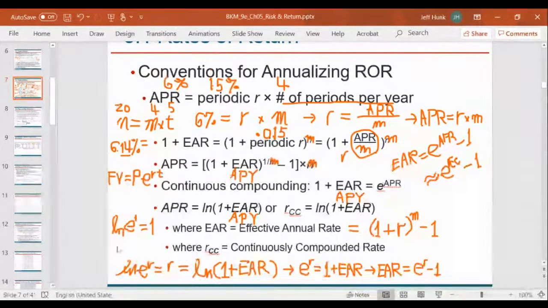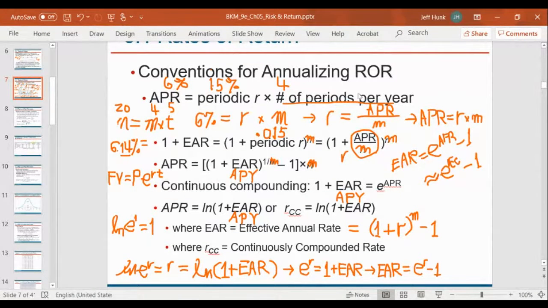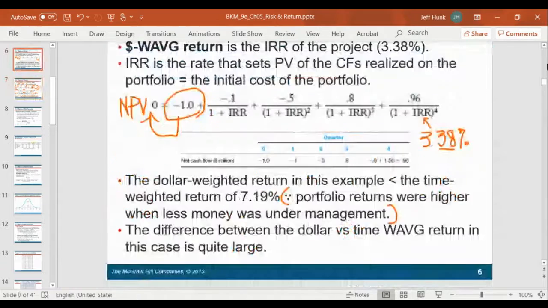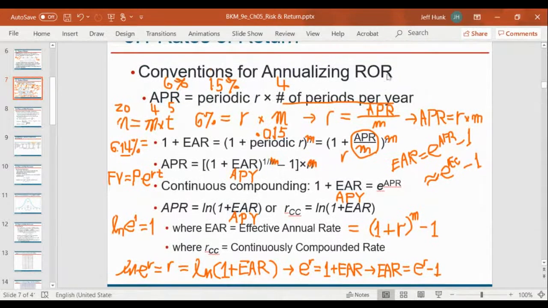I don't want to go back to the properties of log, but we know that log of a to base a raised to x is x. In other words, think about it.